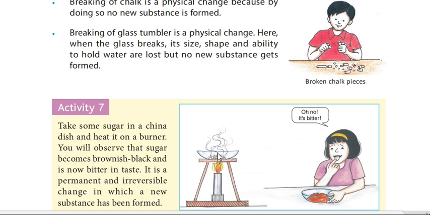So there is a change in color, and when we taste the crystals, we find there is a change in taste too. It is now bitter in taste. Previously it was sweet, now it is bitter. Change in taste means there is a change in internal composition. This is an example of chemical change.